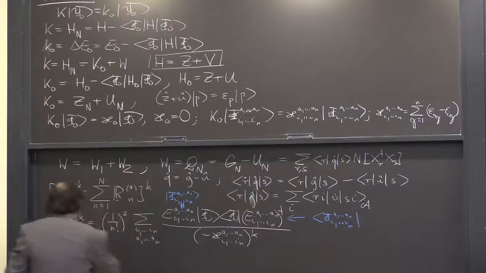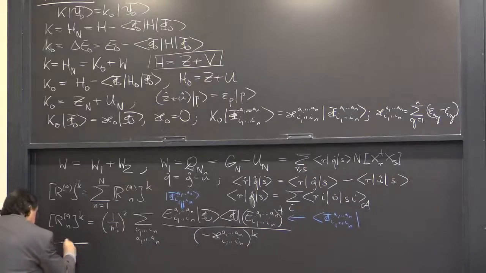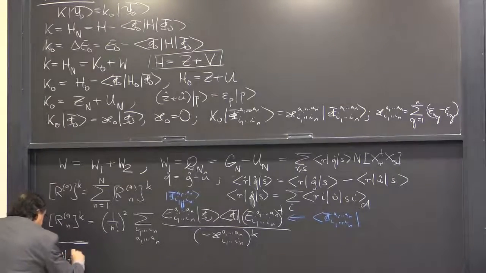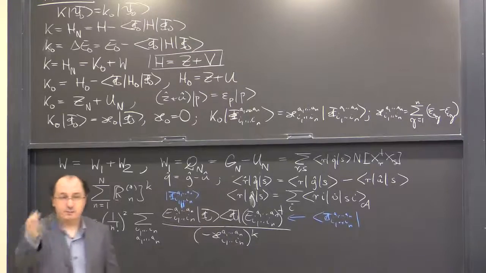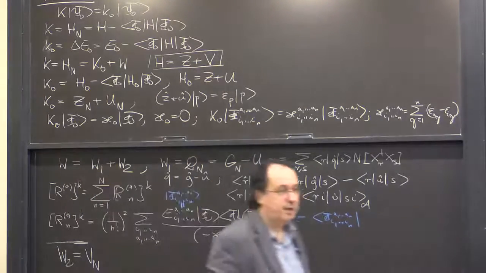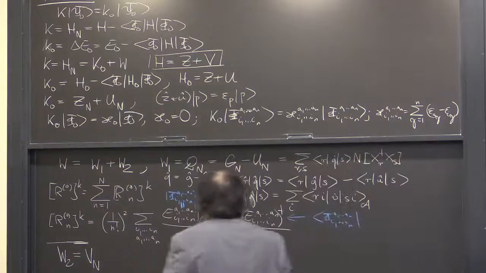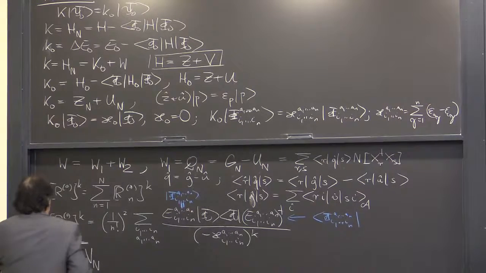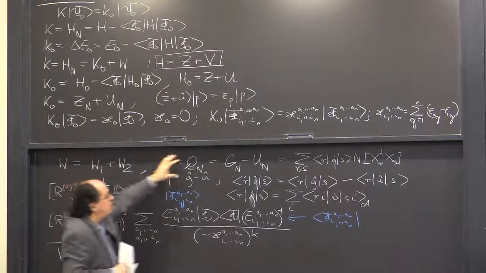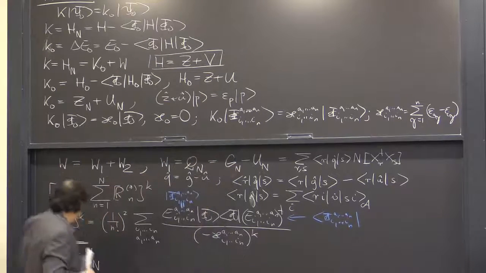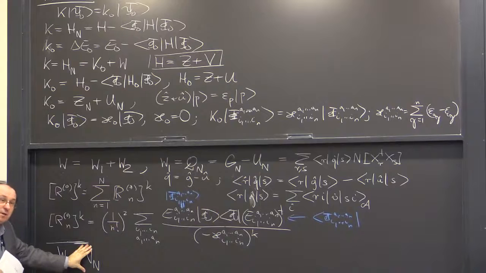That's funny, but I guess I assumed it's so obvious. So let me stick it here. So W2, of course, is Vn, and we know what Vn is, so I'm not going to write it. We know that Vn is just the normal ordered form of the W. So in other words, our perturbation operator has the one-body part, which is in the normal product form, and the two-body part, which is also in normal ordered form.